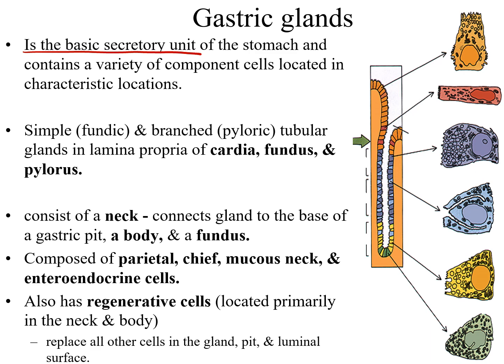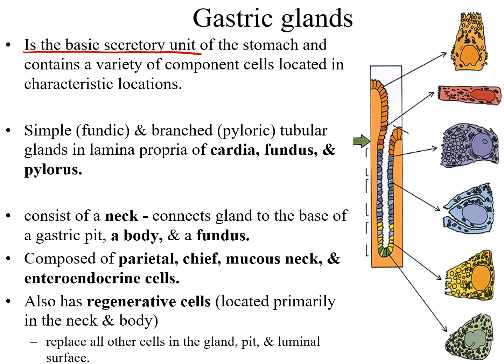As I said before, there's a production of hydrochloric acid, also pepsinogen, which is responsible for the chemical digestion of the food. Usually these glands are found in the three areas of the stomach, the fundic, pyloric, and cardiac, and usually the glands found in the cardiac and pyloric region are similar. However, they are different from the glands found in the fundic region.